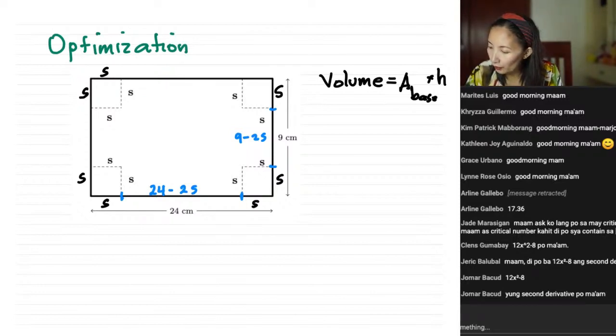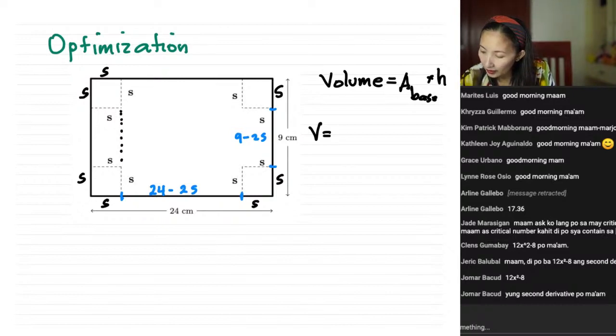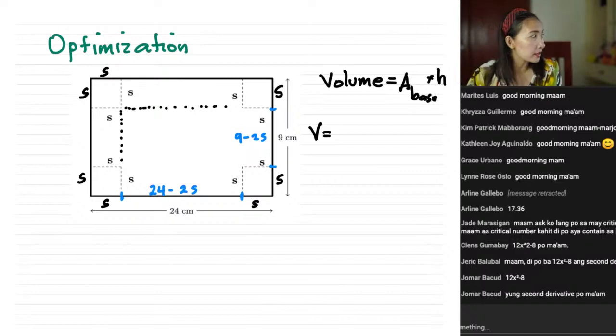Okay, so the volume of this box, the rectangular box that we are to construct, is equal to, now imagine that we will fold this along the dotted line. So we are now to form the rectangular box.